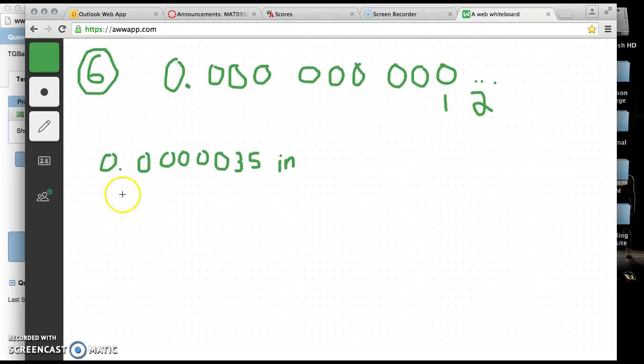In this case, we'll have 0 point, and we'll have 1, 2, 3, 4, 5, 6, 7, 8 zeros, and then we'll write our 12. So then comes our 12 and of course our units. All right, so this would be 12 billionths of a second written out as a decimal.